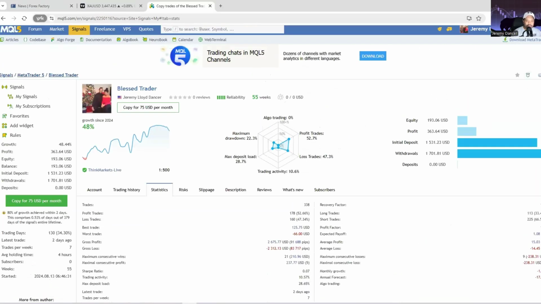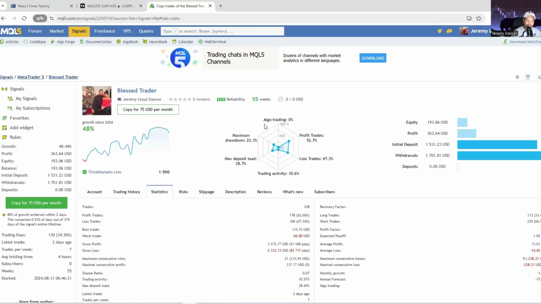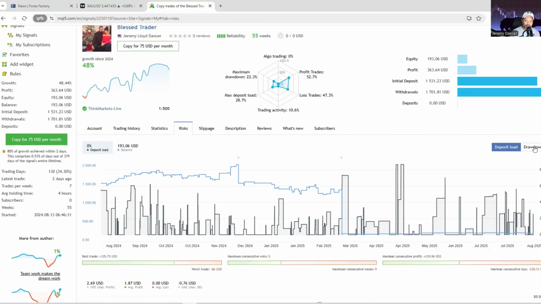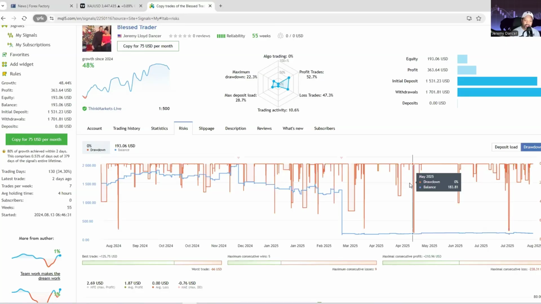Now, another thing that I want you to be aware of is don't pay attention to the maximum drawdown. Go to where it says risk. For some reason, MQL5 has a weird way of calculating the maximum drawdown. So if you click on the risk and then you go to drawdown, this way you can actually see what your daily drawdown is. And when you have a small account, you're going to have to be aggressive.